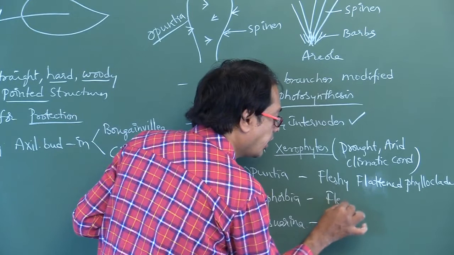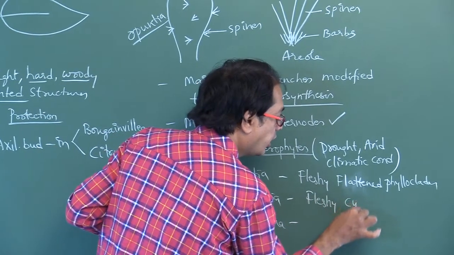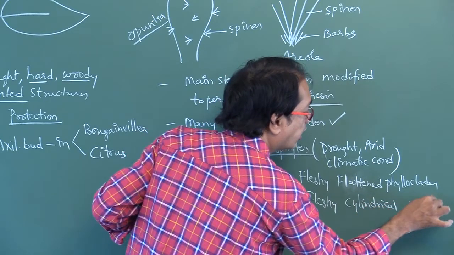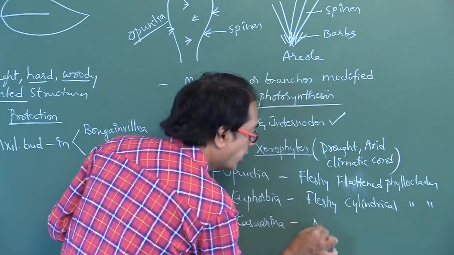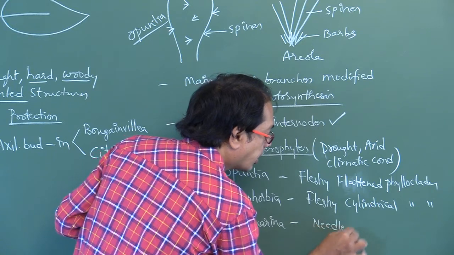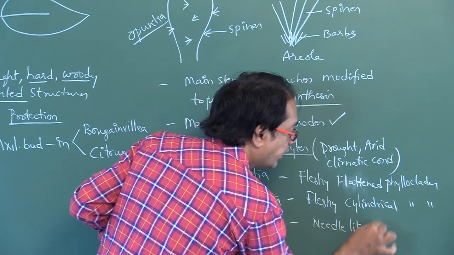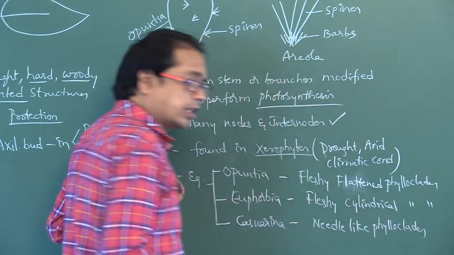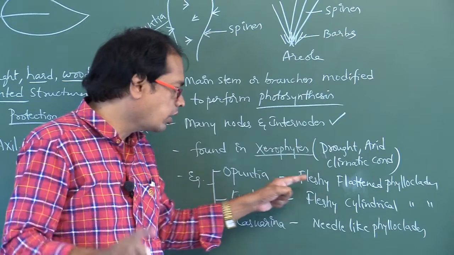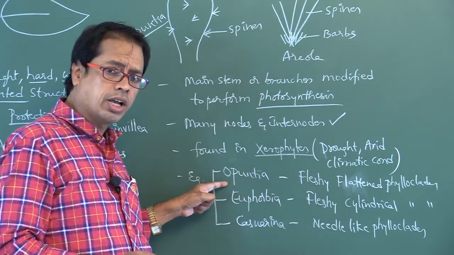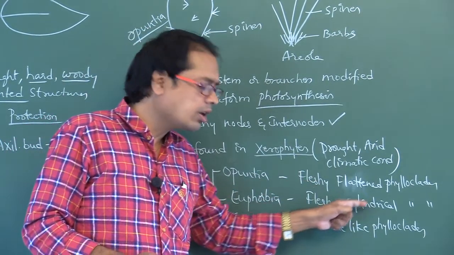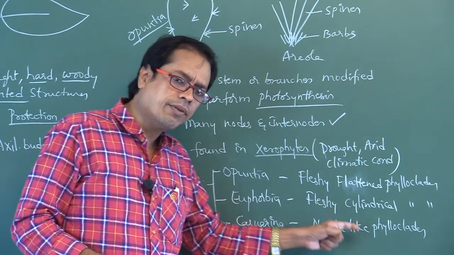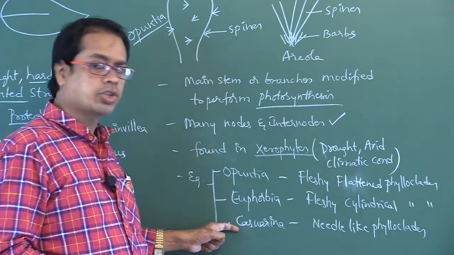And here it is fleshy cylindrical phylloclades. Here needle-like phylloclades. That means fleshy flattened phylloclade found in Opuntia. Fleshy cylindrical phylloclades found in Euphorbia. Needle-like phylloclades found in Casuarina.